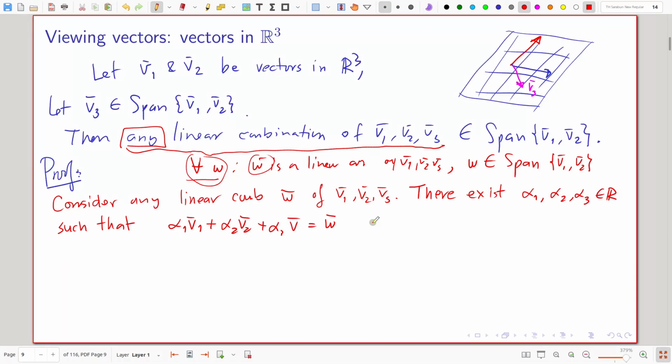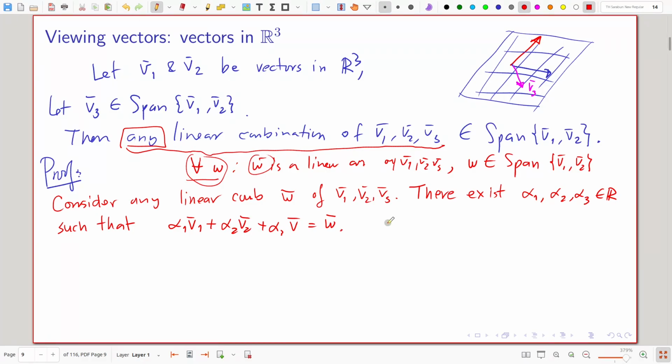So W is a linear combination when it's the summation of some scaling of V1, V2, V3. So there should be some scaling factors alpha 1 times V1 and alpha 2 and alpha 3, so that W is this guy. Okay? So let's go slow, okay?